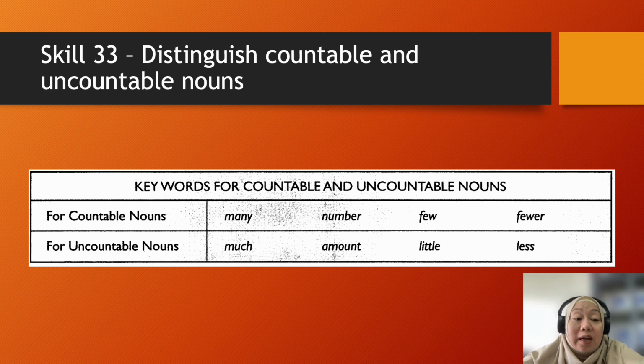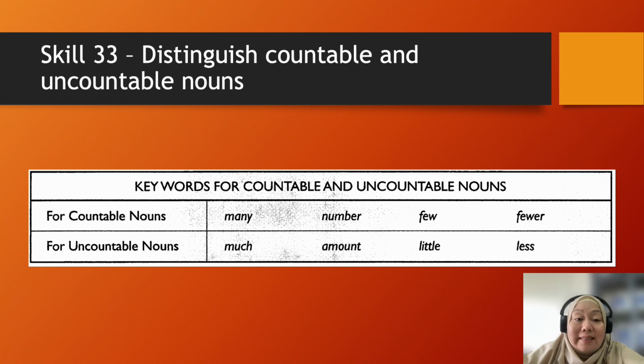And then for uncountable nouns, for example, much money, the amount of money that we have, a little money, and less money. So remember that for countable, we use many, number, few, fewer, while for uncountable nouns, we use much, amount, little, and less. Okay, that's for skill 33.